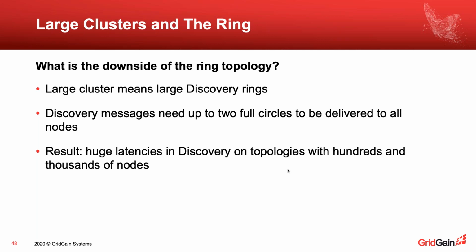And the latency will grow linearly. And this is not a good thing. I've said before that we are not focused on speed with discovery, but huge latencies which a 1,000 node cluster can give you with a ring topology is not a good thing. This will cause instabilities, this will cause a lot of very, very nasty issues.